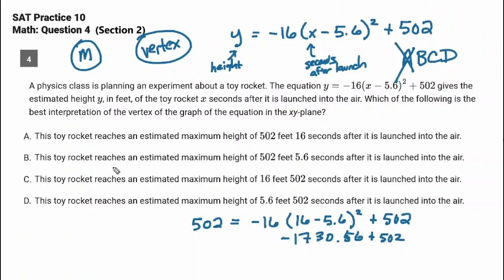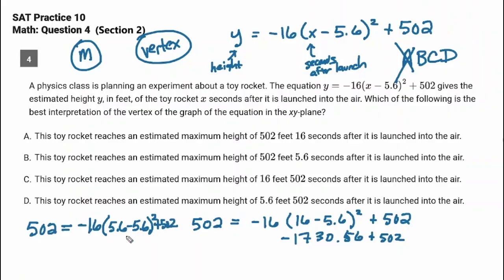All right, let's look at B. This rocket reaches an estimated maximum height of 502 feet 5.6 seconds after it's launched in the air. All right, let's try that. Y, right, that's the height, 502, equals negative 16 times (x, what's x? 5.6 minus 5.6) squared plus 502.